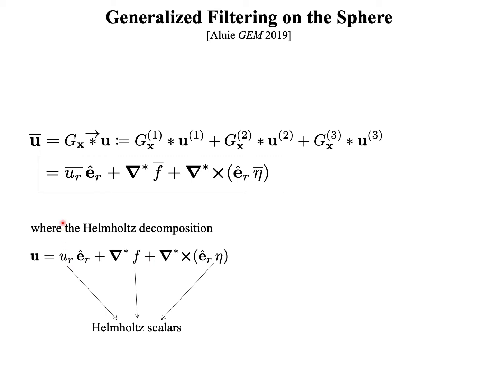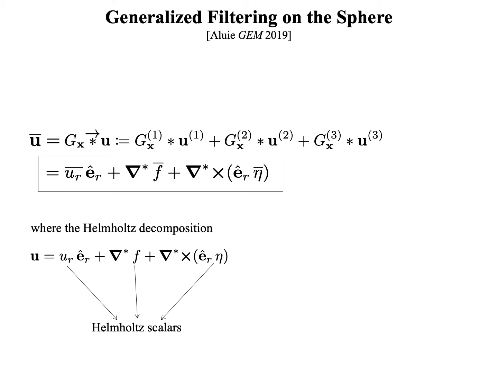What I showed is that coarse-graining the velocity field or any vector field can be done by a generalized convolution, and this generalized convolution is mathematically equivalent to coarse-graining the Helmholtz scalars. That's how the coarse-graining code that we developed does it: by doing a Helmholtz decomposition and then coarse-graining the scalars. This is one way we do it.